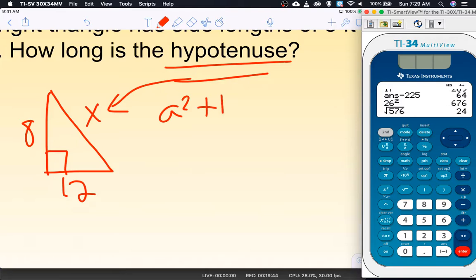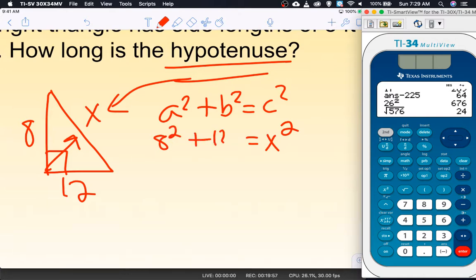A squared plus B squared equals C squared. Plugging in my longest side, that's my hypotenuse, for the C. 8 squared plus 12 squared. That's 64 plus 144 equals x squared.